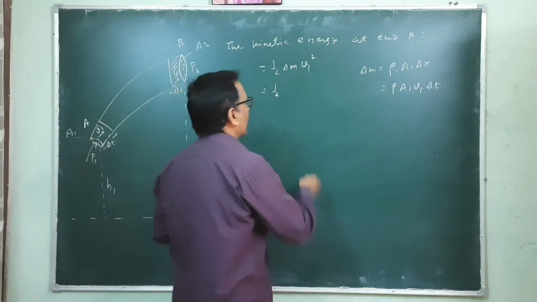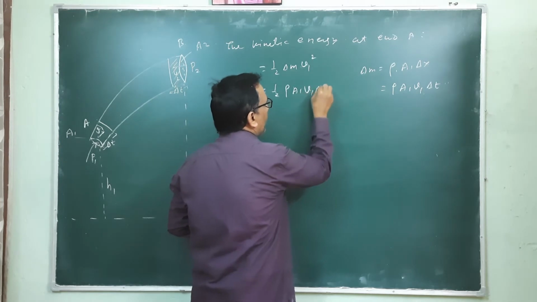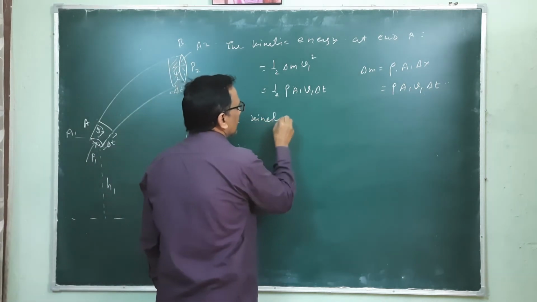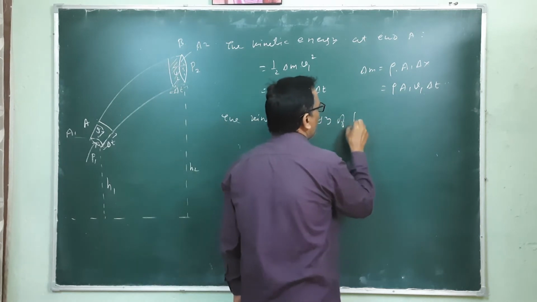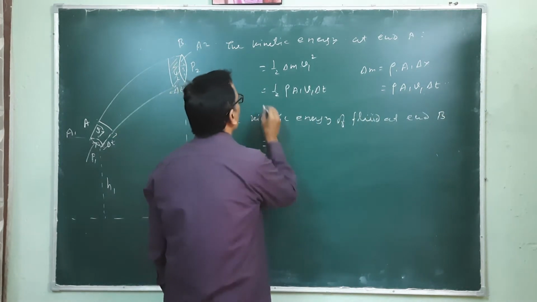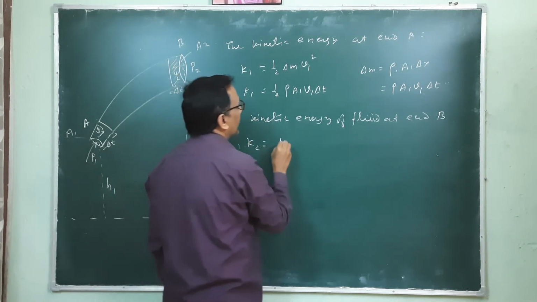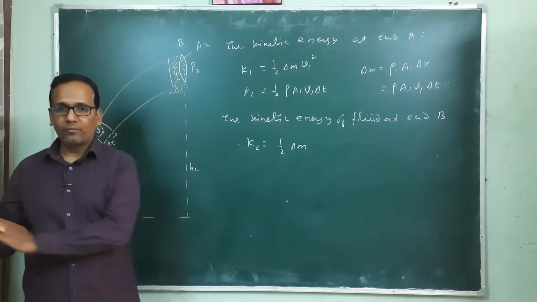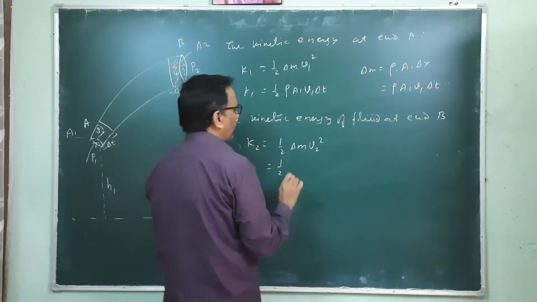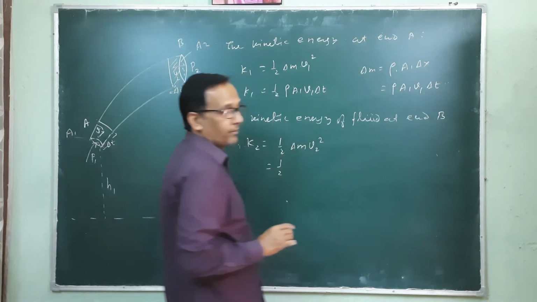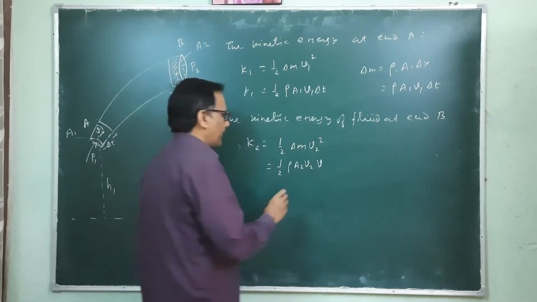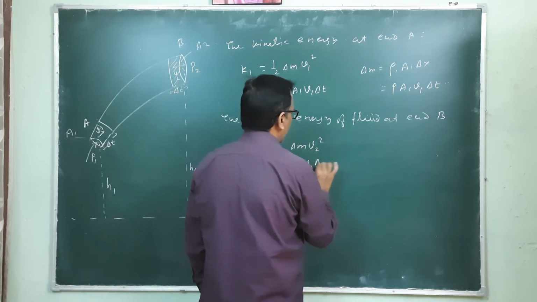So this delta M can be written as rho A1 V1 delta T. In the second end, the kinetic energy of the fluid or liquid at end B, call these K1, K2, is half delta M V2 square. The same amount of mass will be coming out from the second end, and delta M can be written in terms of A2 V2, so rho A2 V2 delta T.